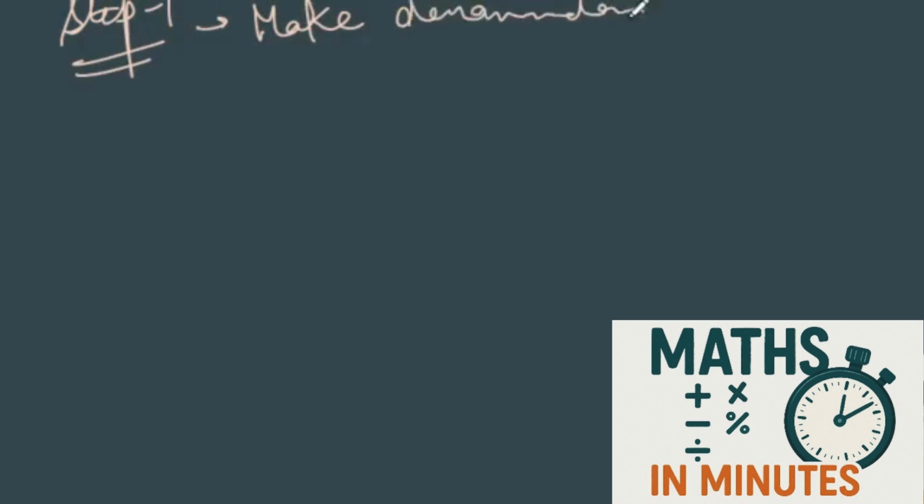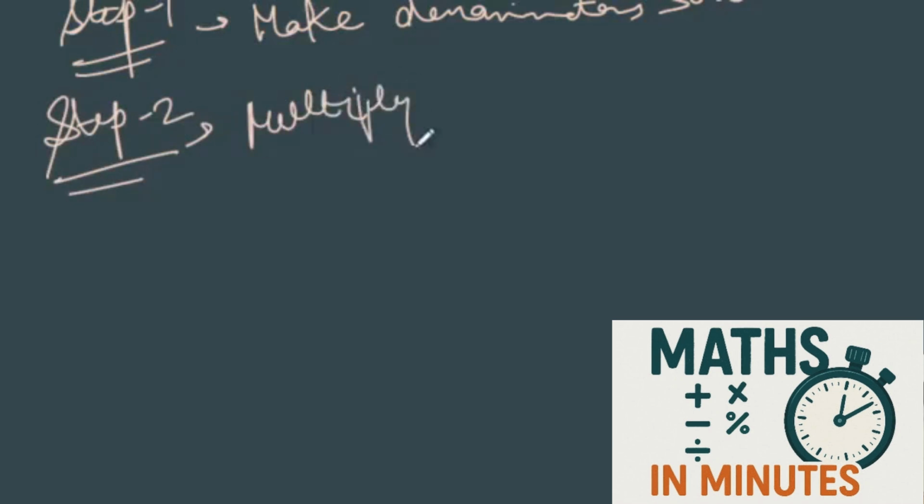यहाँ लिख लेते हैं. Step number 1 is make denominators same. Step number 2 is multiply and divide with any number of your choice.